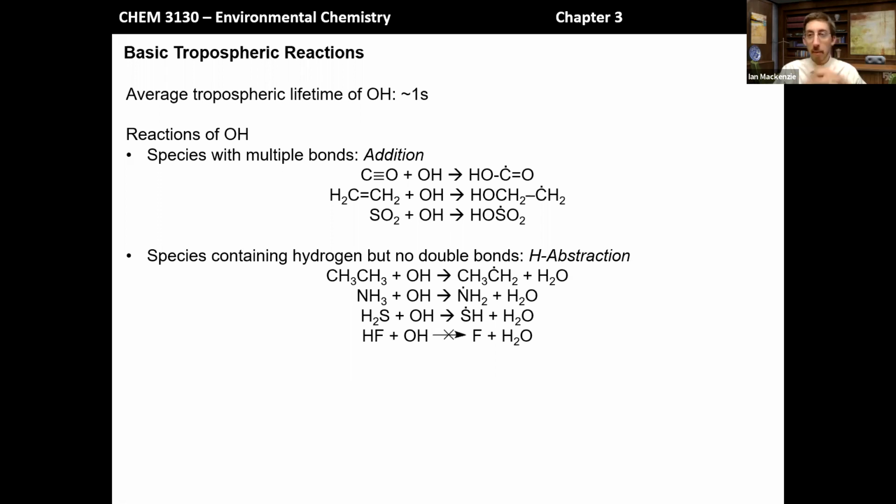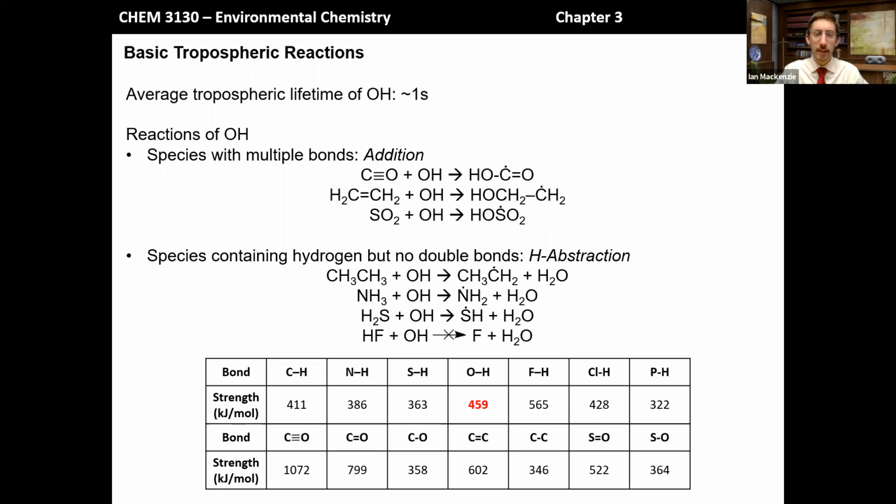And given some of the conversation that we've had from class early this week, on Monday when we talked about bond strengths, you might be able to rationalize what is going on here, why we see this reaction being favorable for CH, NH, or SH bonds, but not for HF.